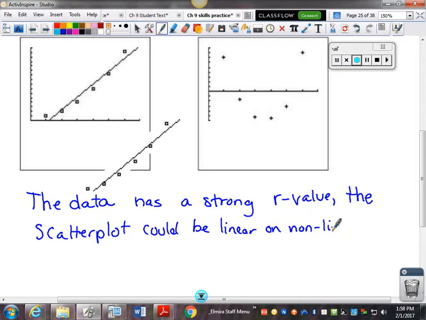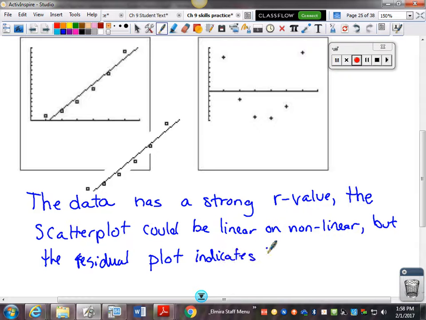Like you could mention that you see a curve. But the residual plot indicates the data is probably not linear. There are many variations of this, but you have to cite all 3 pieces in your sentences.